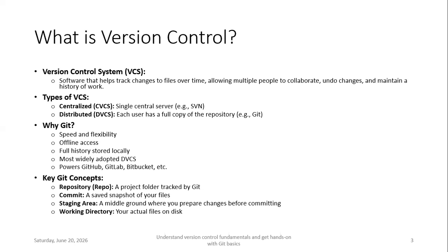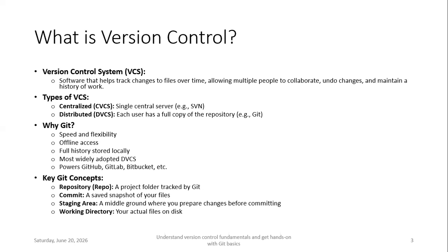So if you have a team of 5 people working on a single project, each team member, on their machine, will have a full copy of the repository of the project they are working on. That's why we are saying it is a distributed version control system, because each of the team members will be having a full copy of whatever they are doing.